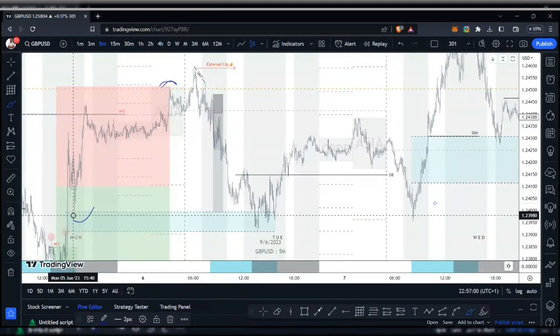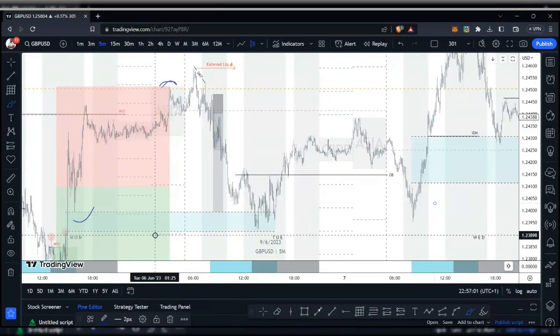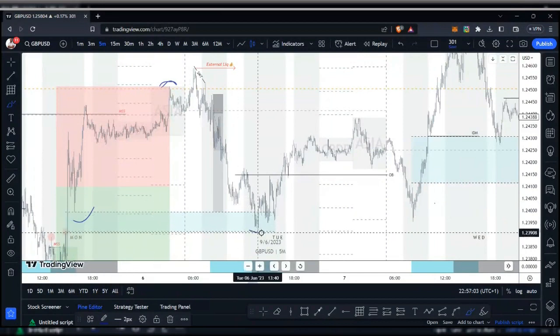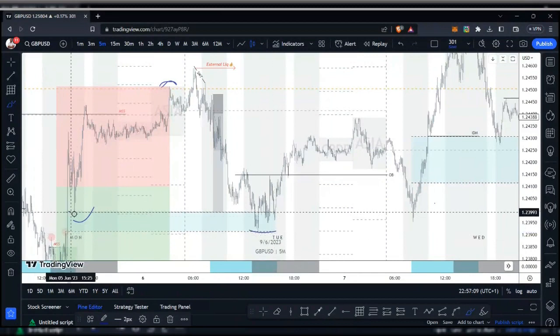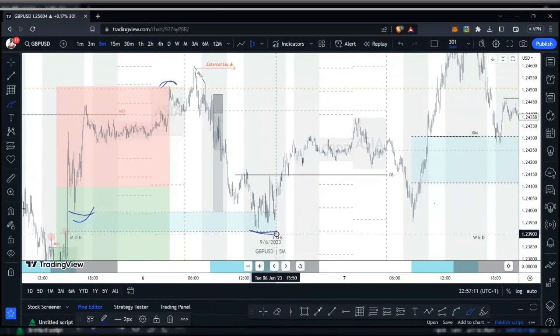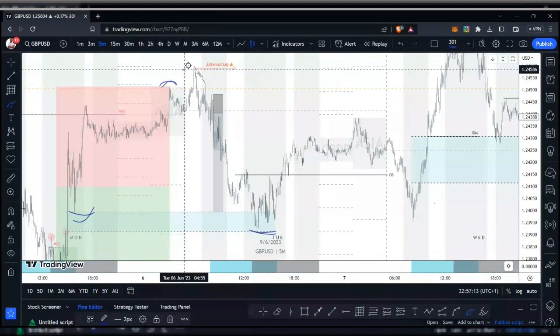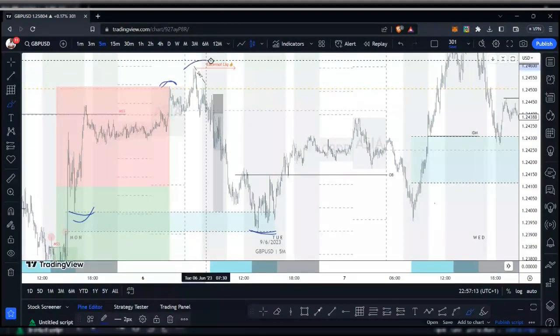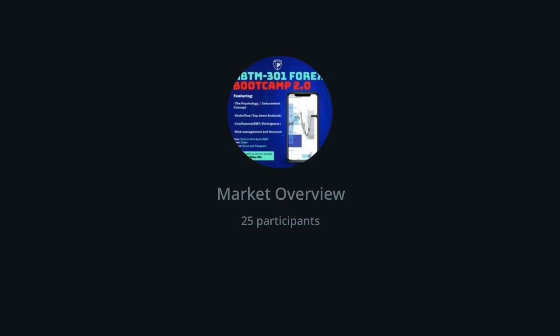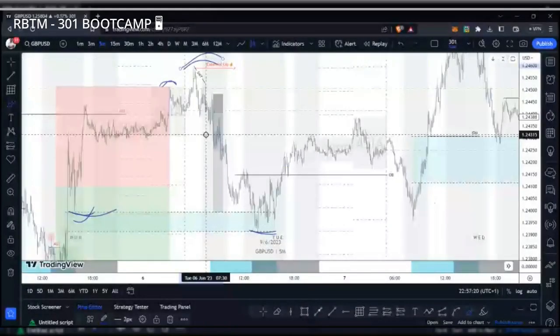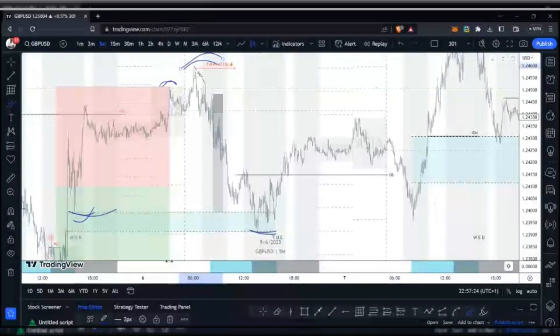And after taking that internal liquidity, we formed another low, which is an internal liquidity. It doesn't make sense for them to take internal liquidity, then come back and take internal liquidity, and then go for external liquidity. It is internal liquidity, external liquidity, internal liquidity, external liquidity. Not internal, internal, external. Do you get?